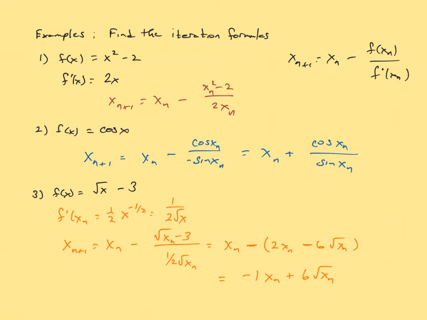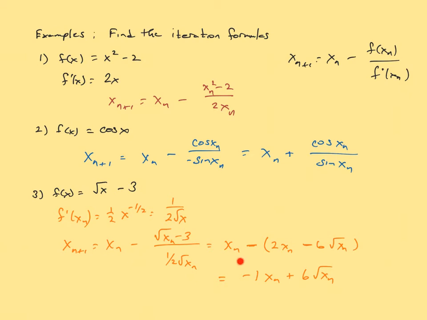Working with this second one, I forgot my parenthesis there. The derivative of f comes out to be 1/2 x to the negative 1/2, because that's x to the 1/2 power, which is the same as 1 over 2 square roots of x, where the 2 square roots of x is in the denominator. So setting up my iteration rule, x sub n plus 1 equals x sub n minus the square root of x sub n minus 3 over 1 over 2 times the square root of x sub n.